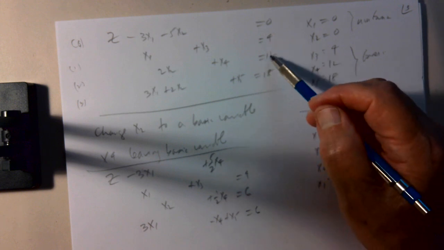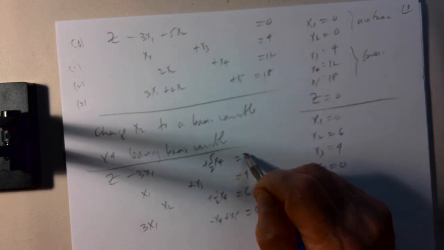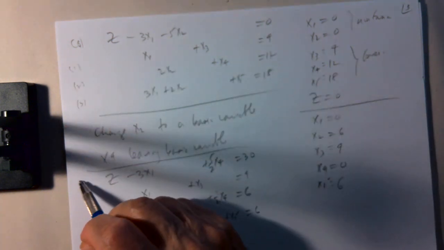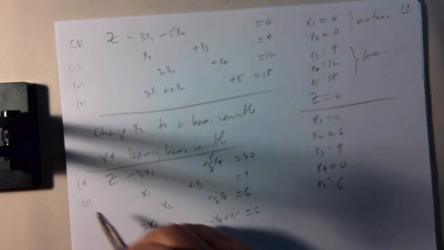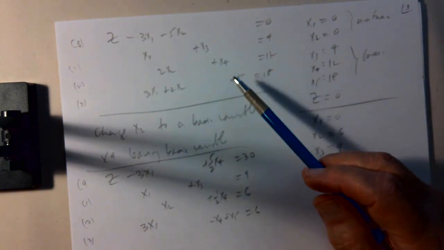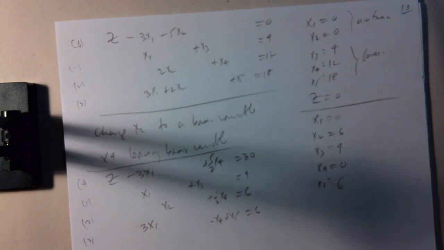Oops, sorry, 5/2 of 12 is 30. So this is now my equation 0, equation 1, equation 2, and equation 3. I eliminated x2 from all the equations except the one where the minimum ratio was found.